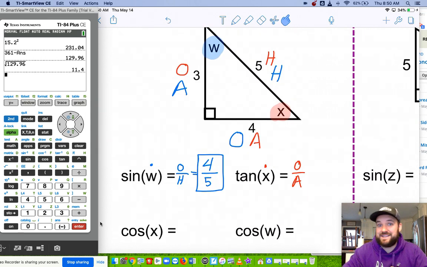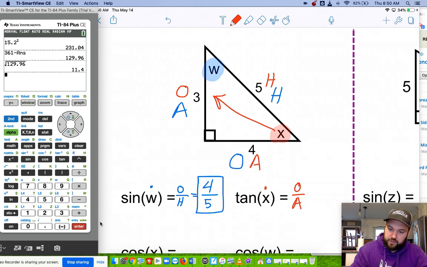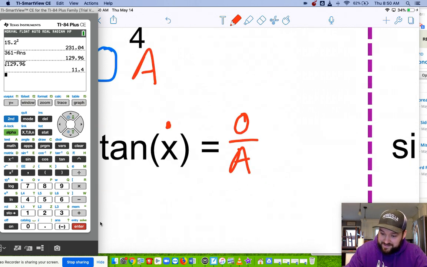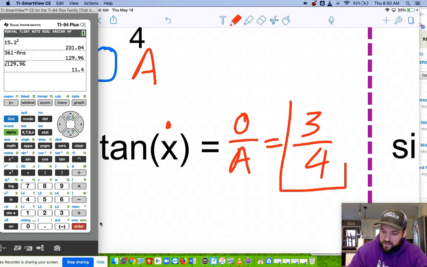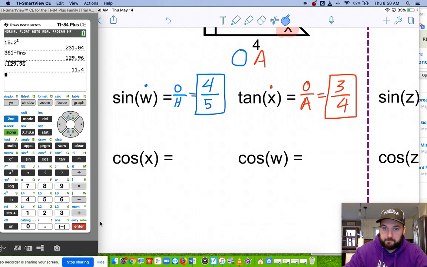Which side is opposite to angle X? Across from angle X is the 3, and adjacent to angle X is the 4. So 3 divided by 4. That is the tangent of X.